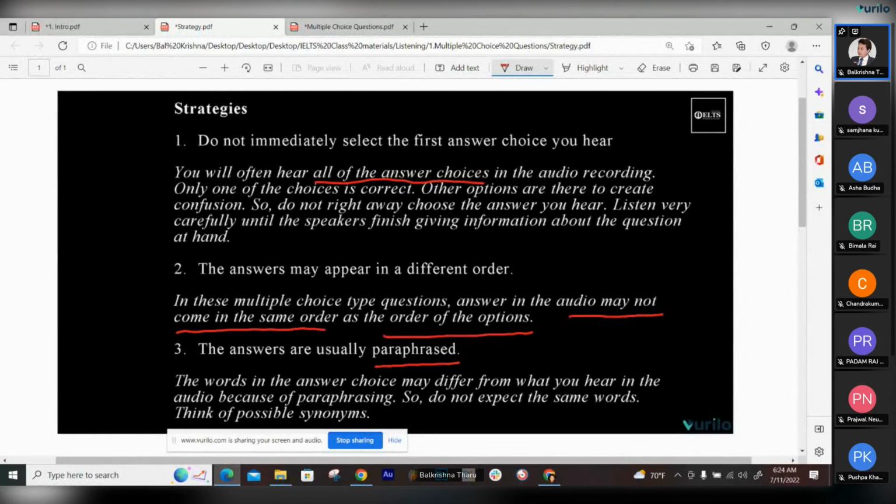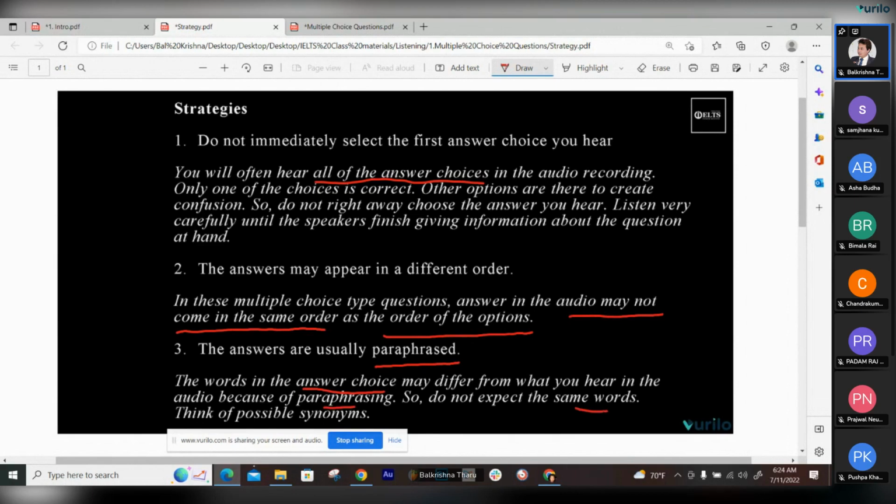Words with similar meaning. The words in the answer choice may differ from what you hear in the audio because of paraphrasing. So do not expect the same words.